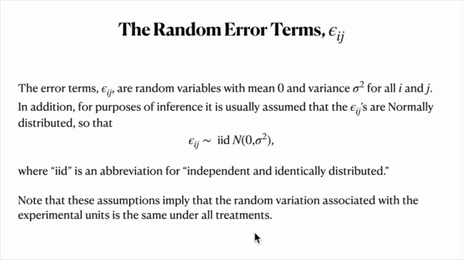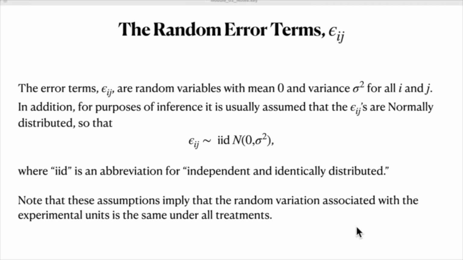And that's why hypothesis tests exist, to test to see whether that's a reasonable assumption. You know, it's very possible that under different treatments, the variability that the experimental units exhibit could change. And so, that is something that needs to be tested.